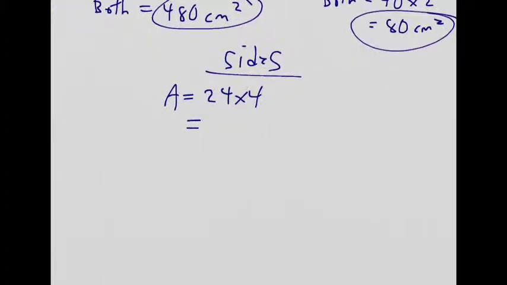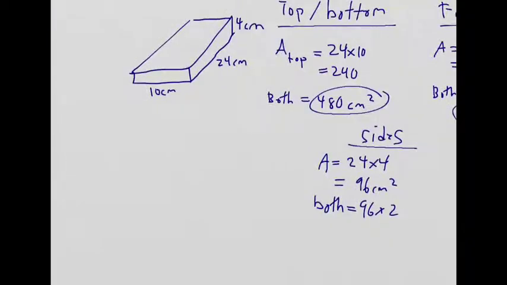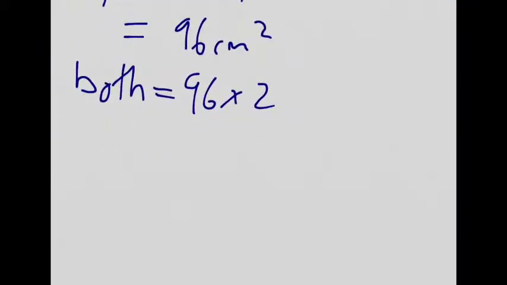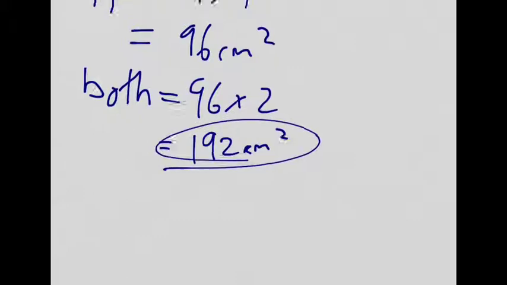So that's 80 and 16, 96. And do I double it? Yeah. Why? Because there's two sides. Okay, 96 times 2 is 192. Yep. And I circle it. Okay?